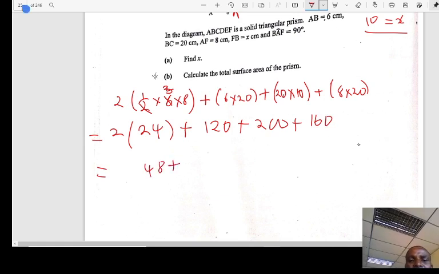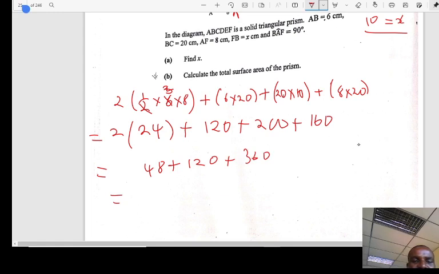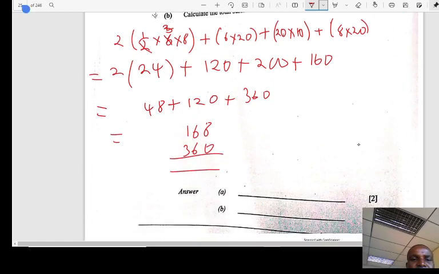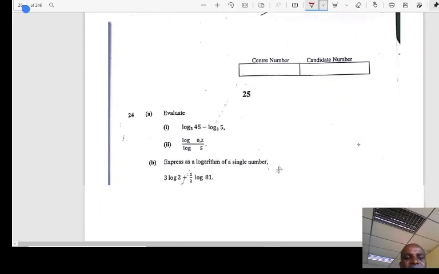Then plus 120, plus this one, 200 plus 160 is actually 360. Then 120 plus 48 is 168. 168 plus 360, what do we get here? 8, then 12, 2 carry 1, then it's 5. So it's 528 square centimeters. That's the area. Then done.